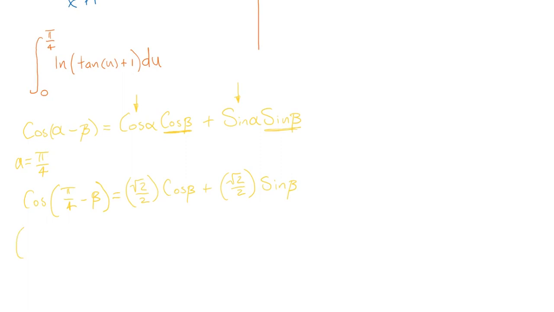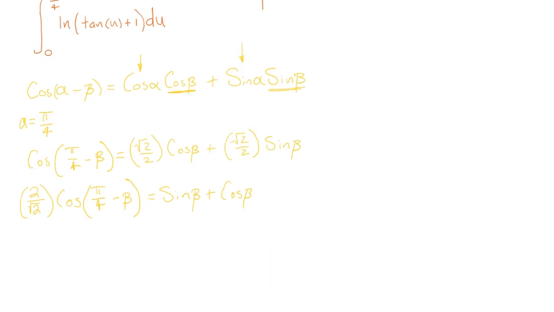So then we'll get 2 over the square root of 2 cosine of pi over 4 minus beta is equal to, and I'll just write it the other way around from how we have it written up there, sine beta plus cosine beta.